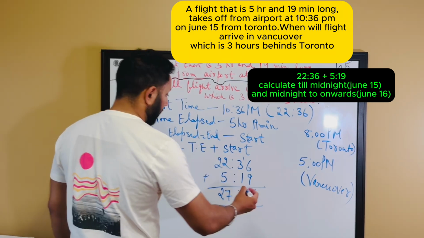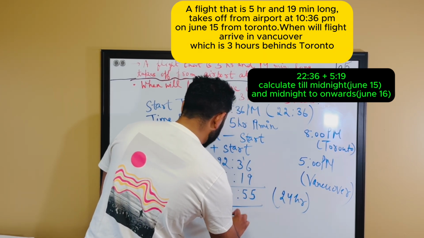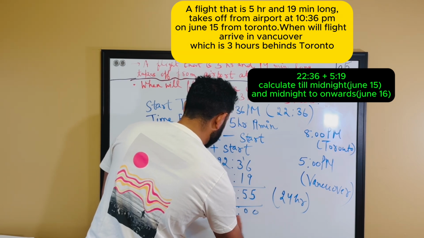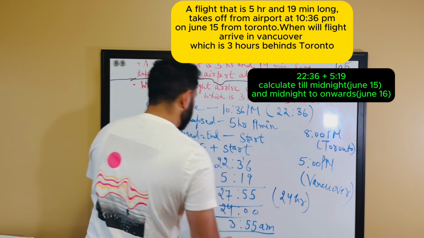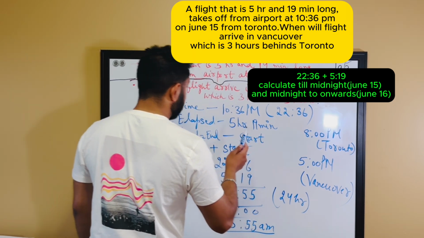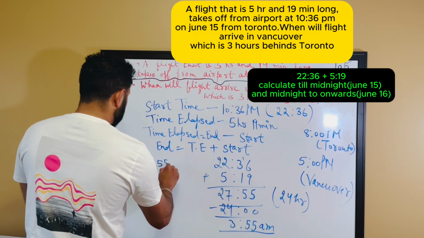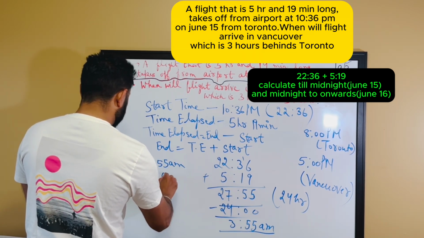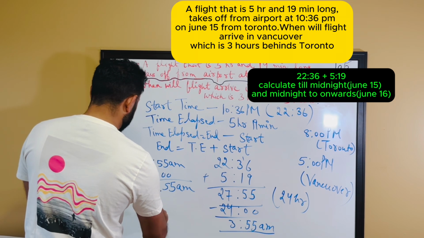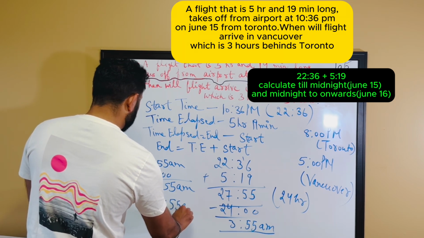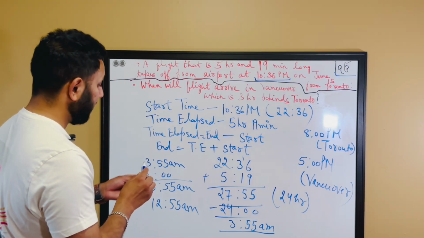But we already know that a day has 24 hours, so subtract 24 from here, and it comes out to be 3:55 a.m. But Vancouver is 3 hours behind Toronto, so subtract 3 from here, which is 12:55 a.m. So the flight is going to arrive in Vancouver at 12:55 a.m.